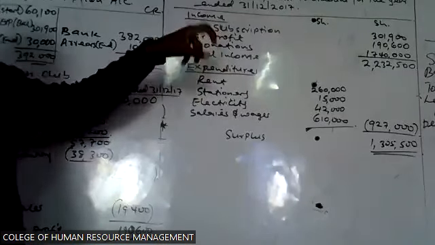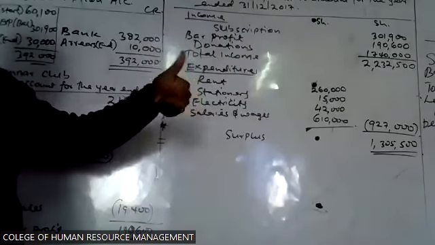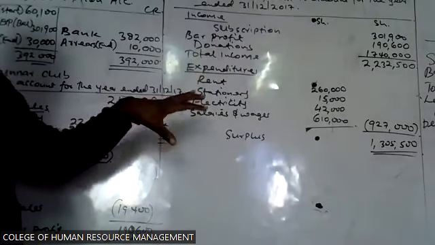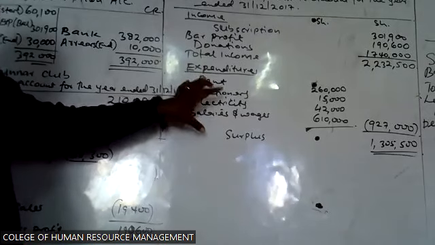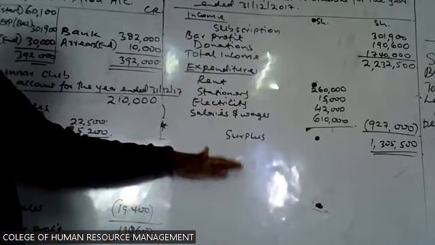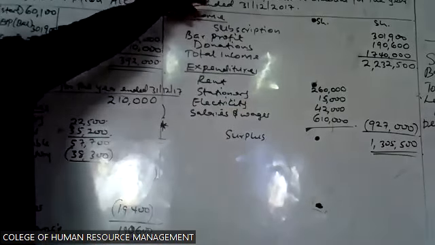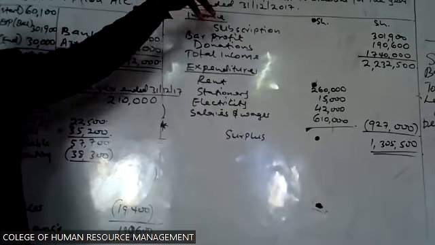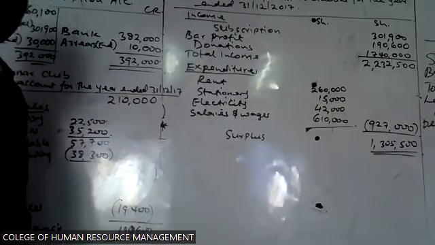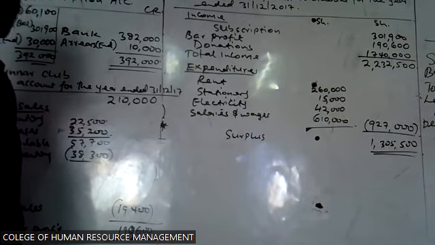The subscription, you don't use it when you are given it the way it is. You adjust it using the subscription account. And if you are given the balances for the start and the end of some expenses, you make the adjustments as we have seen up there. So that is very key as far as the financial statements for non-profit making organizations are concerned.